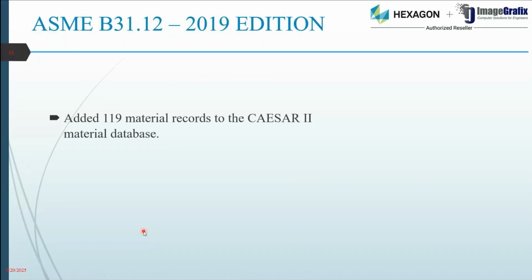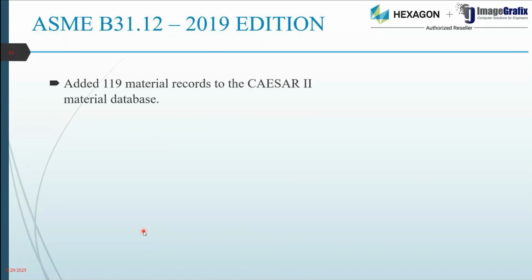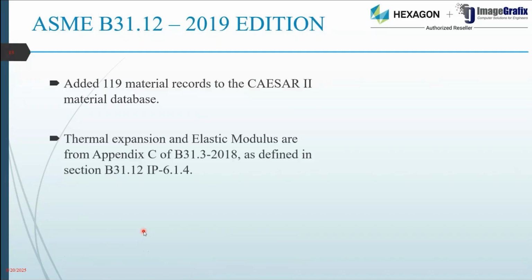Moving further, to satisfy B31.12, the standard materials from B31.3 may not be directly usable. So there are some 119 material records being updated in the software.